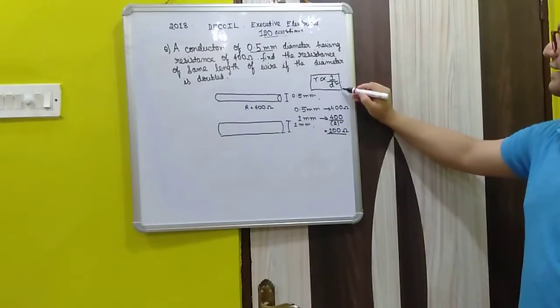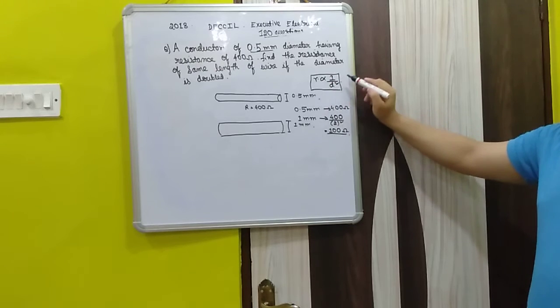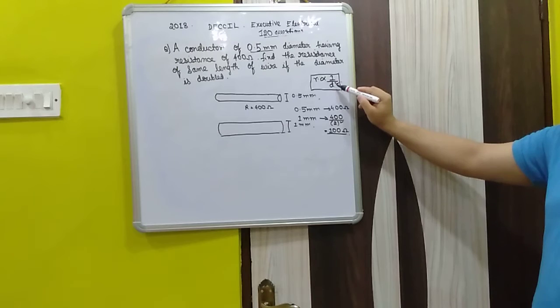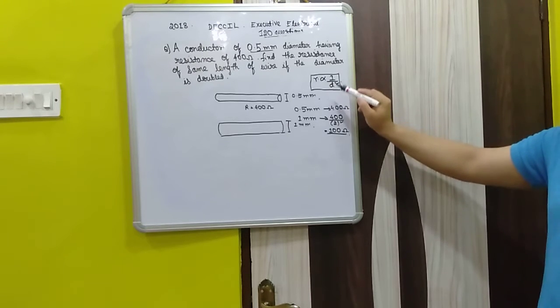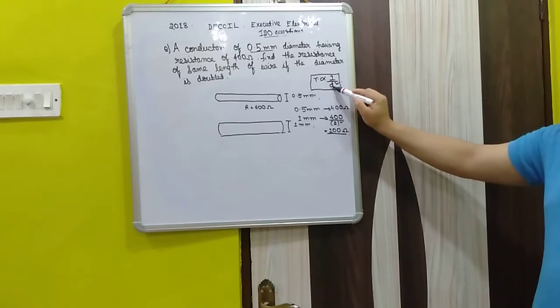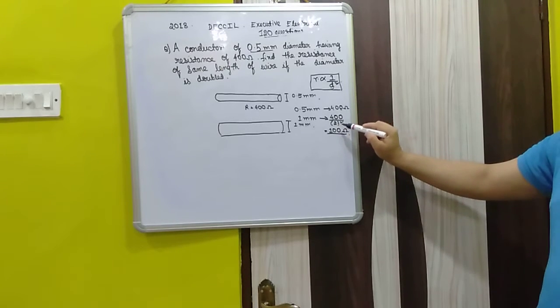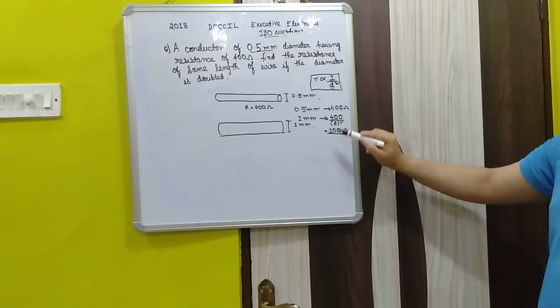It is just only this relation, resistance is directly proportional to 1 by diameter square, inversely proportional. So if it is doubled, ultimately this will be 2 into this, and this will be squared, it will be 4, it will be just divided by 4, and it will be 100 ohm.